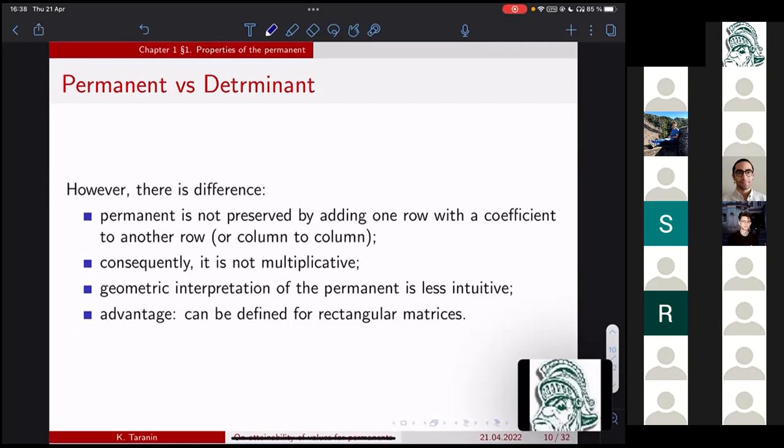And generally speaking, the permanent is not multiplicative. It's not correct that the permanent of AB equals the permanent of A times the permanent of B.